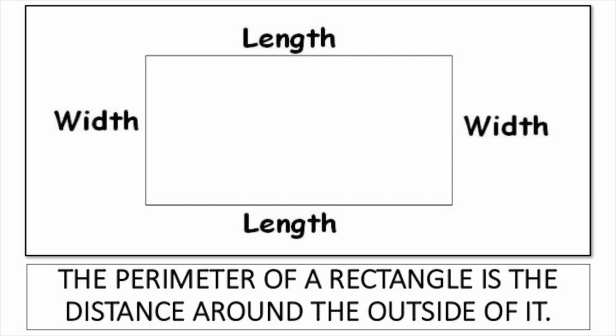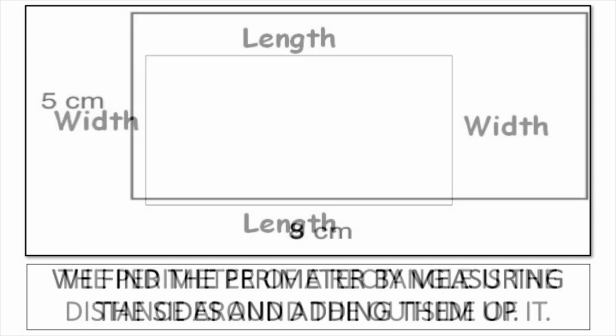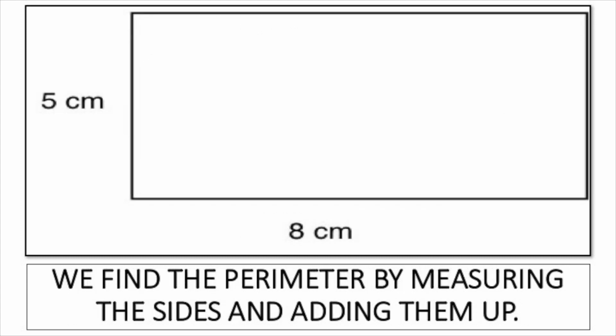So what we need to do, we need to look at the width and the length of each of the sides of a rectangle. And by calculating the total distance of the width and the length, we can come up with the perimeter. Okay, guys? So let's look at how we can calculate. What is the width of the sides of this rectangle? 5 centimeters.